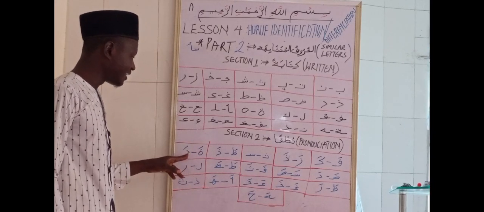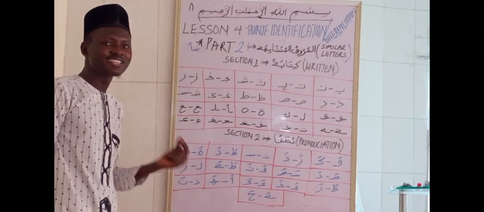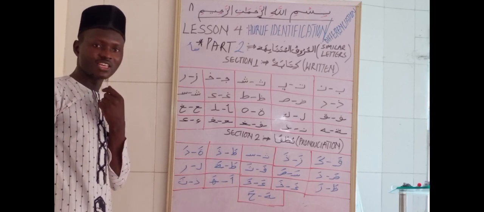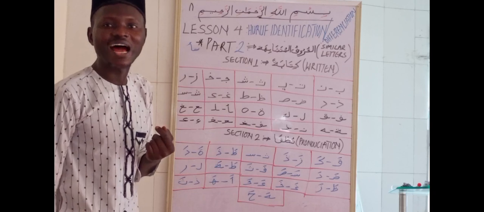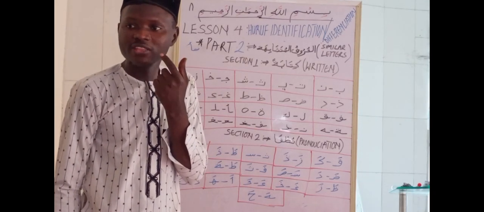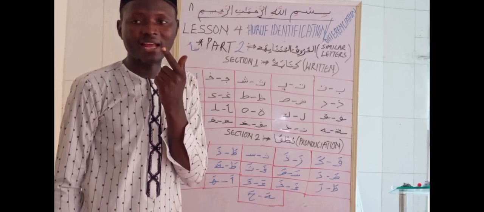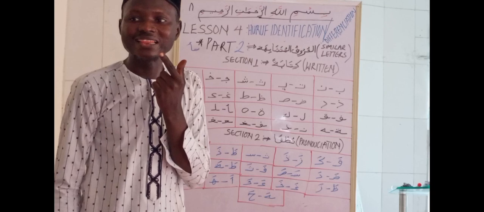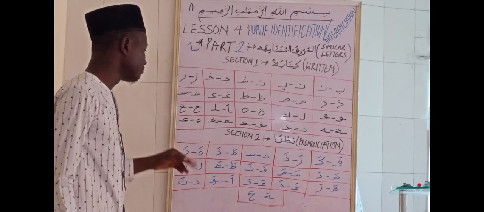So Ta and Da. This one too, the reason is that they are from the same articulation. Da, can you see? The frontal part of the tongue and the upper palate, frontal part of the palate. So Ta, behind the teeth, both of them.